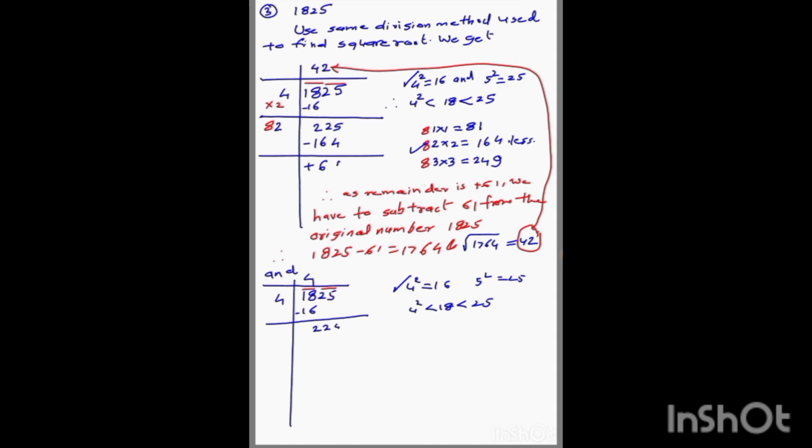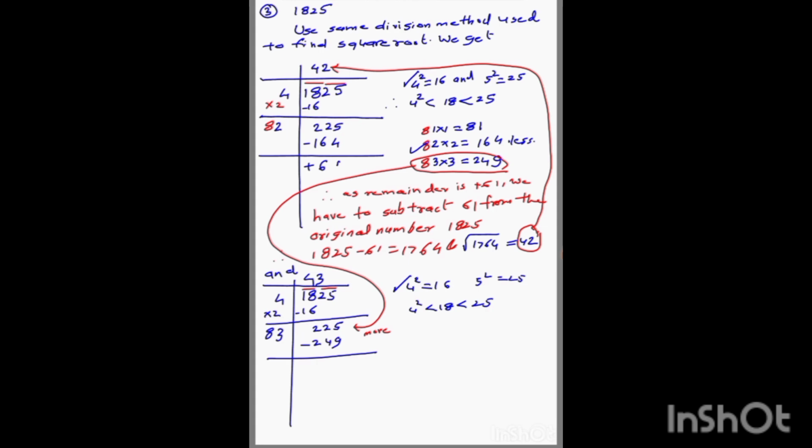After that it changes. Now see this. We will take 83 into 3 because we have to go above 225. I am bringing it here, we have already done it. So that is 249. It is greater than 225. So 83 into 3 is 249. Very intelligent method. So subtract it.